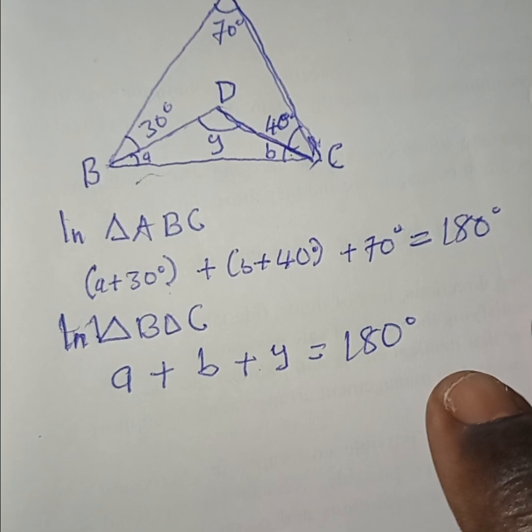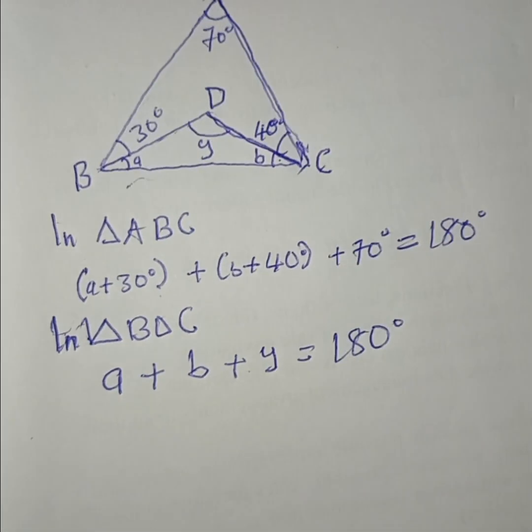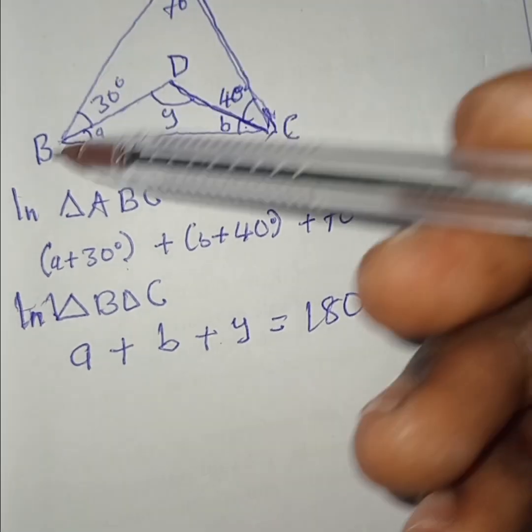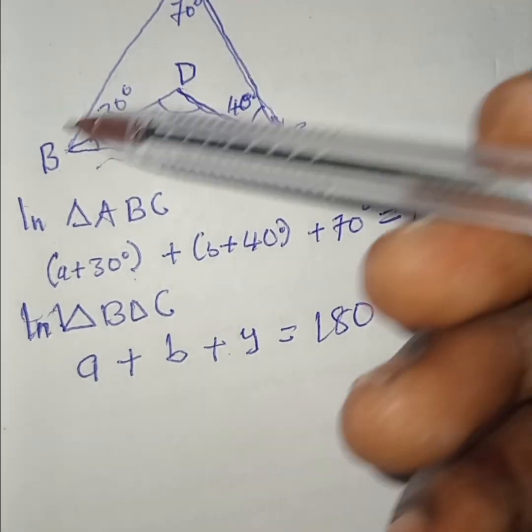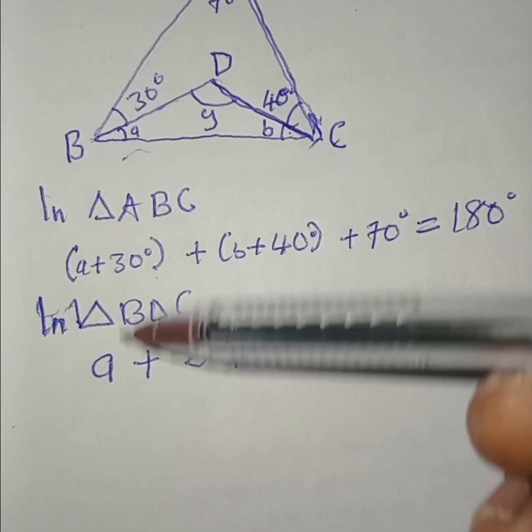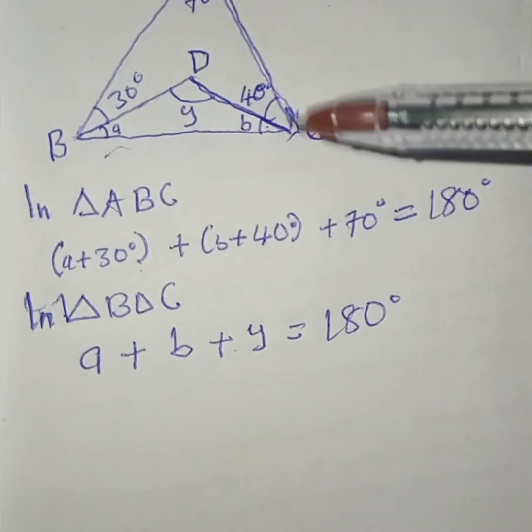All right. So remember, the angles in a triangle equal 180. So it means the big triangle is equal to 180 and the small triangle is also equal to 180.